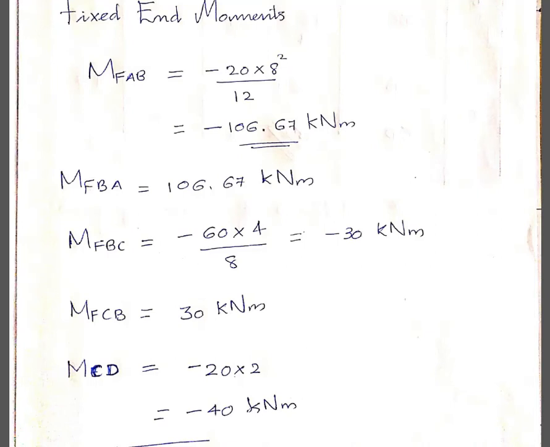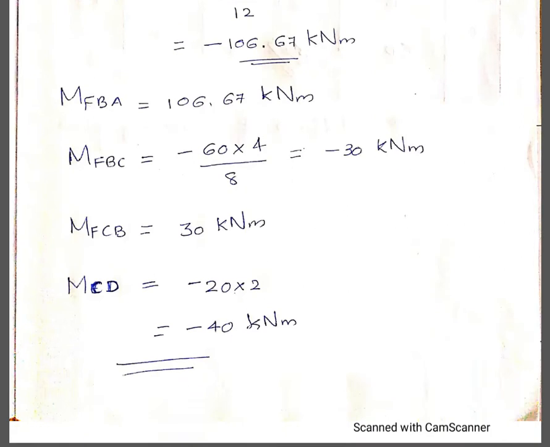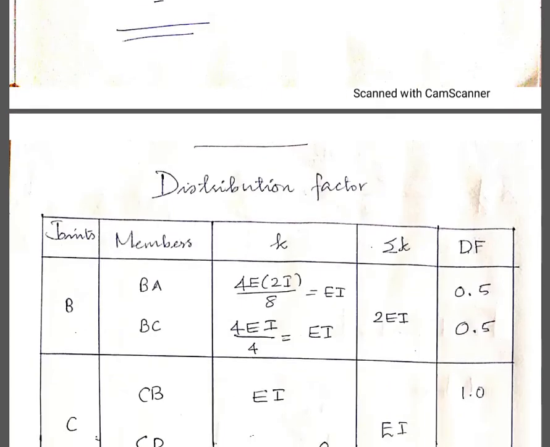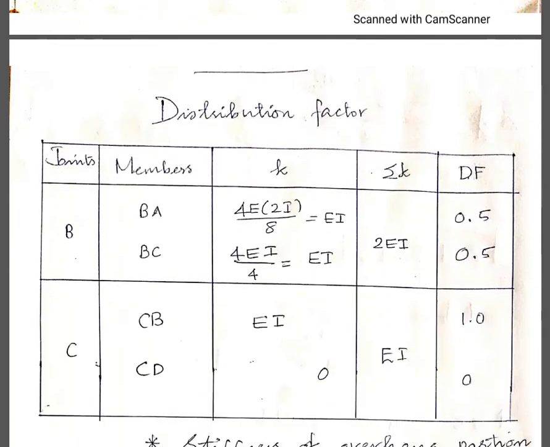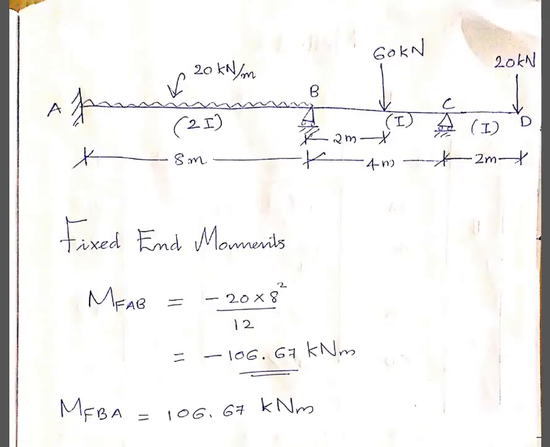So after the calculation of fixed end moments, we can go for the calculation of distribution factors for different members. As here A is a fixed end, we need not go for the calculation of distribution factor for the joint A. Then there are two joints B and C, for which we have to calculate the distribution factors.